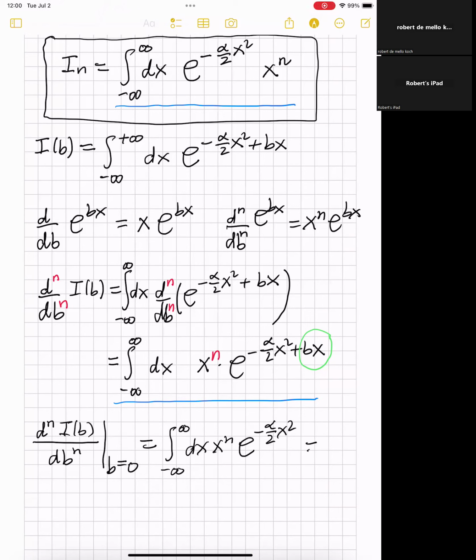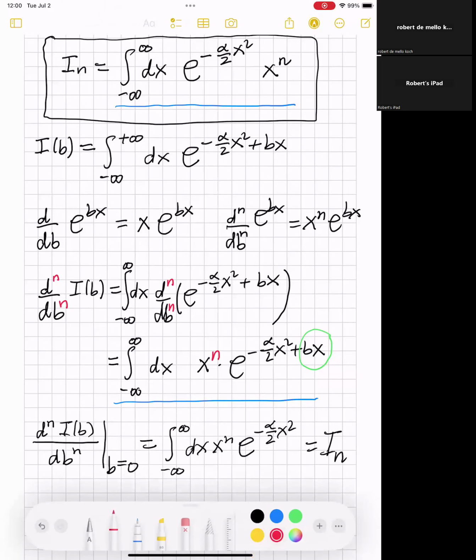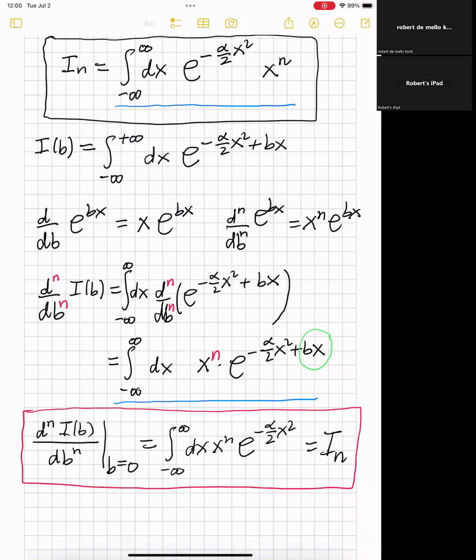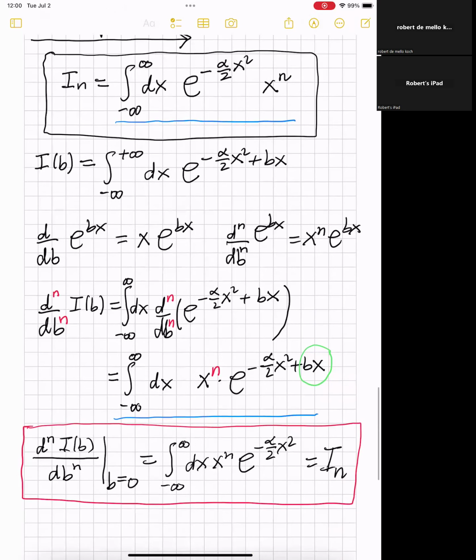But this is nothing but I_n. And that was the important formula that I wanted to derive. So let's give it a red box. So instead of calculating an infinite number of integrals I_n, I'm going to calculate one integral I of b.